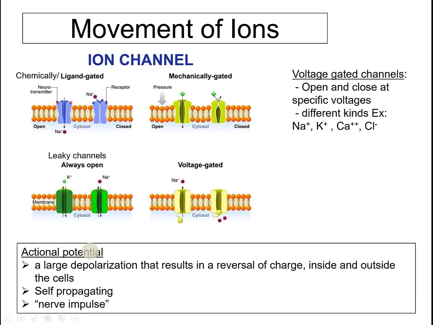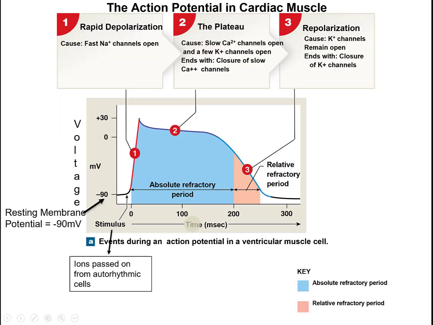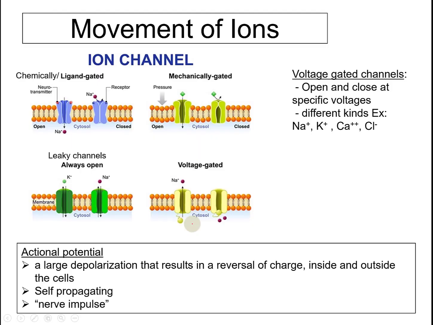The action potential, what happens is when the voltage gated channels open and they start to let in a positive charge, it's going to change that negative on the inside to become less negative until eventually the inside of the cell becomes positive. And so an action potential is a large depolarization that results in a reversal of charge inside and outside the cell.